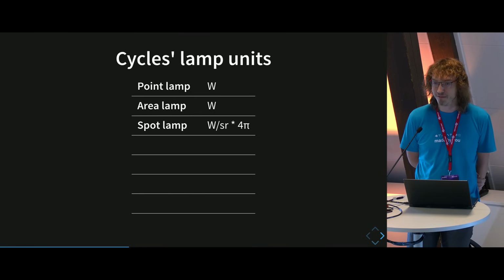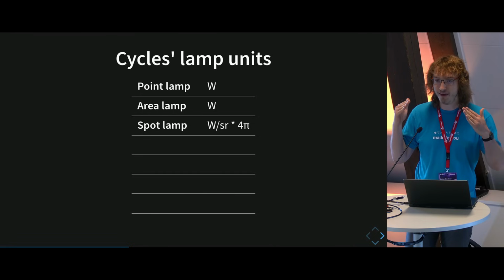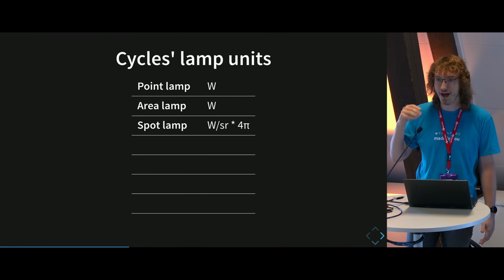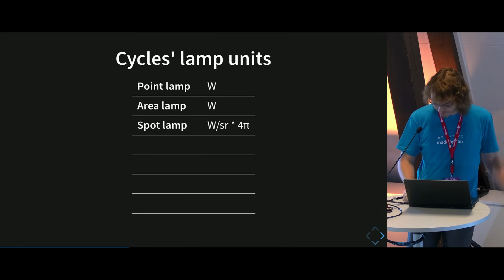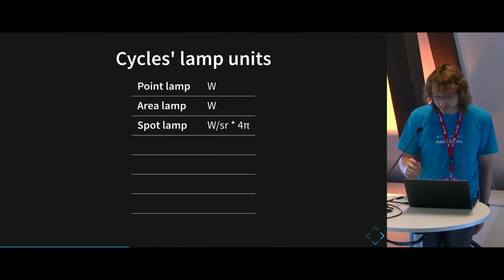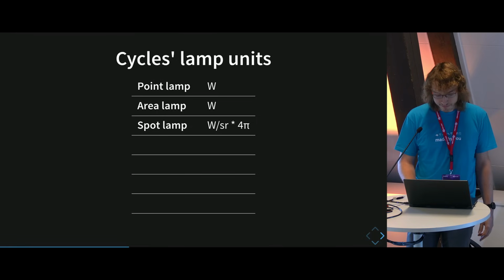To keep it convenient for the user, it's designed so that when you change the angle size, the actual radiant intensity remains the same. So the value that you enter is, if this was a point lamp and there was no occlusion going on, how many watts would it have? It's weird in terms of units, but it's convenient for the user. Since most users don't care about units in the first place, it's arguably the best pick.